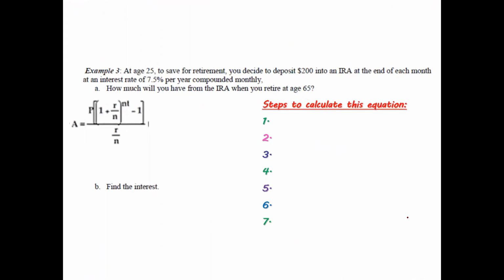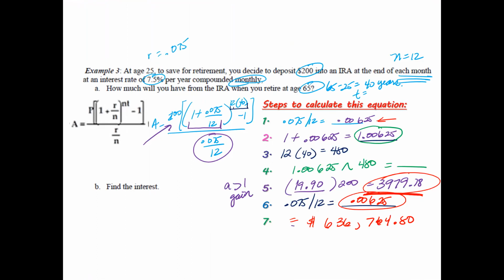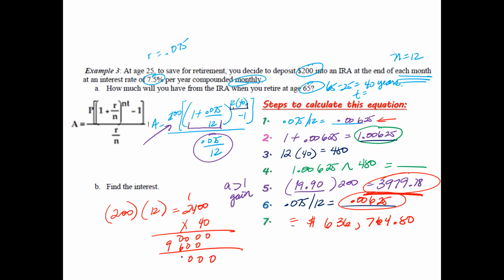So when I'm looking for the interest, how do I do that? Well, you're putting $200 per month. So times by 12, that's $2,400 a year. Times that by 40 years. So you're technically putting $96,000 over the course of 40 years, with $200 per month for the next 40 years, right?